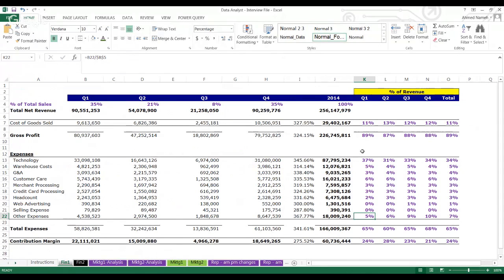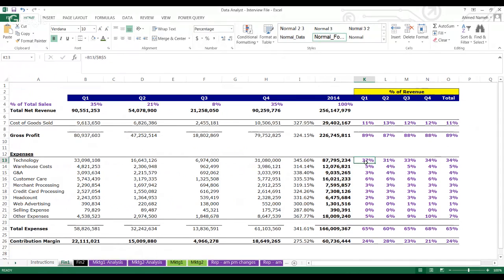As I stated earlier, gross profit percentage is stable, and yet when you look at the contribution margin as a percentage of revenue, you'll see that, for example, in Q2 it peaks at 28%, whereas in Q4 it drops to 21%. Since the gross profit percentage is stable, the only category that can explain this fluctuation in contribution margin would have to be the expense category.